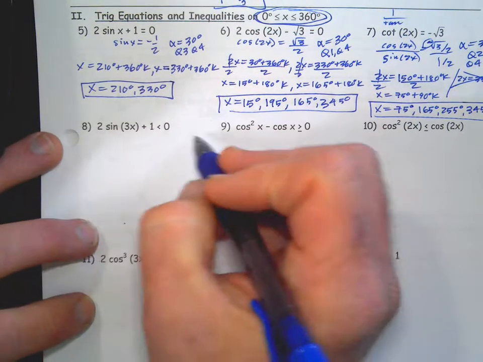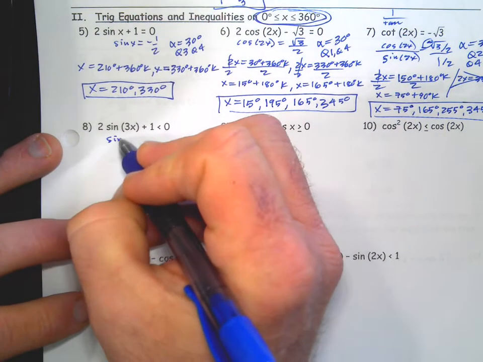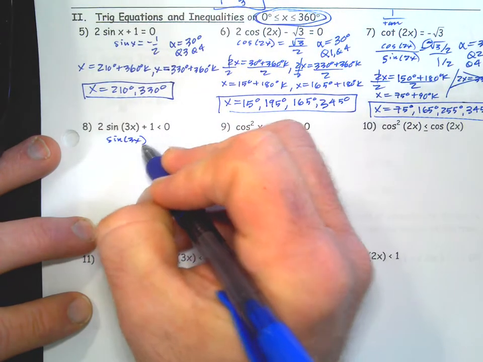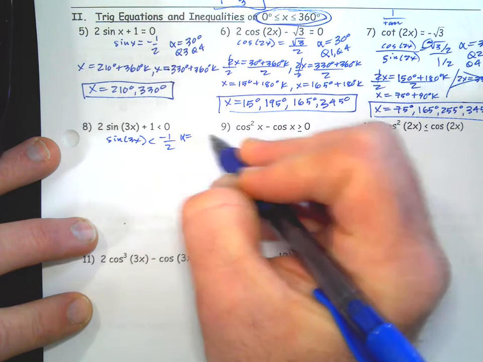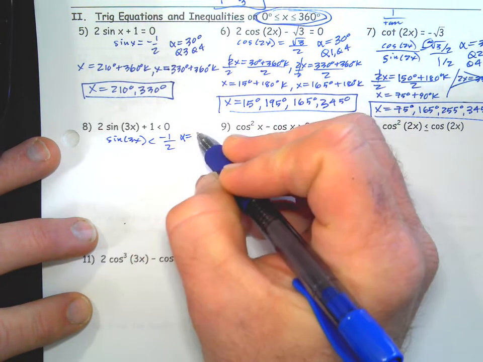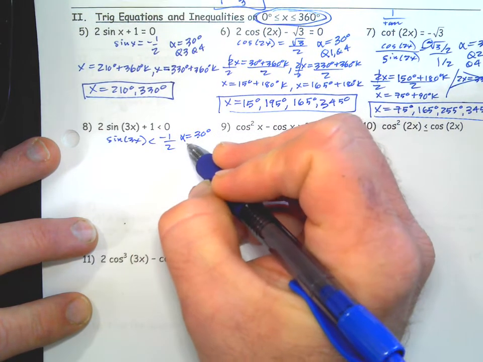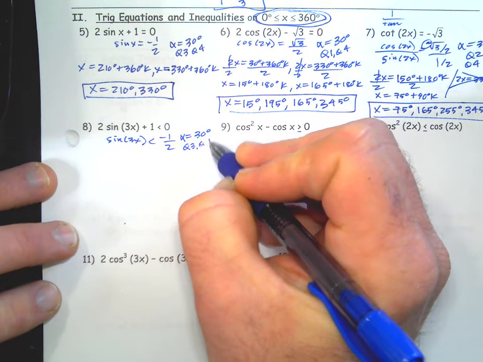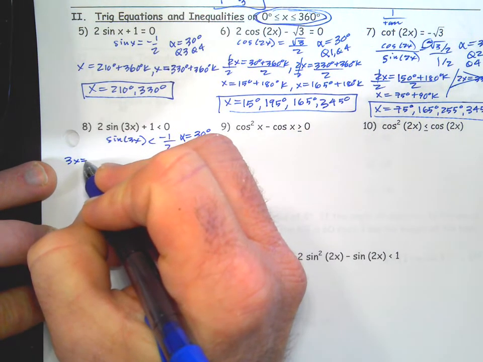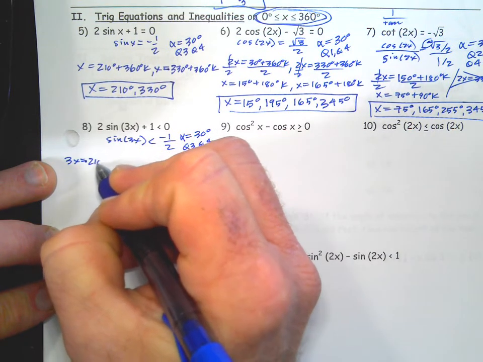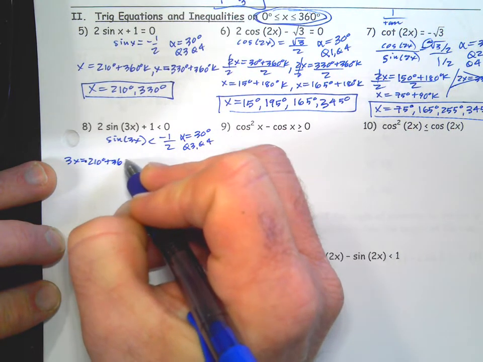These are inequalities. So we're going to do the same work up front. We're going to solve for the roots, okay? But then we're going to do a line check afterwards. So when does sine equal 1/2? 30 degrees. When's it negative? Quadrant 3, quadrant 4. So 3x equals, quadrant 3 would be 180 plus alpha, 210 plus 360k.